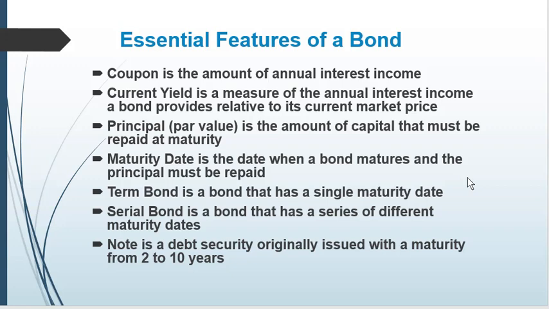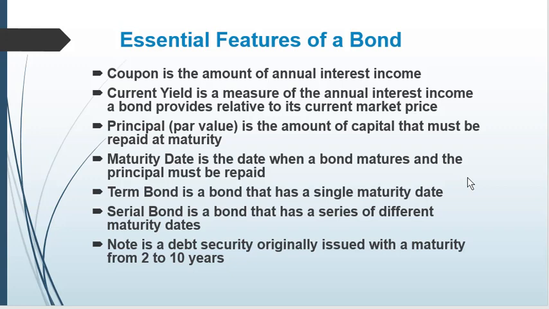But serial bonds could be issued with a time frame, so that every 10 years in the structure of this bond, some of those bonds could become due. So this is kind of a structured buyback, if you will, of some of the debt in one of these bond issues.